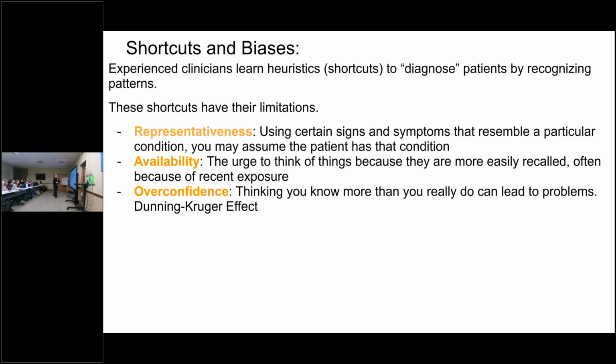Overconfidence. Thinking you know more than you really do can lead to problems. Has anybody heard of the Dunning-Kruger effect? You'll have to learn before your career in EMS is over. You're going to think you know everything all the way through this class, and then you're going to pass and say, I know everything.